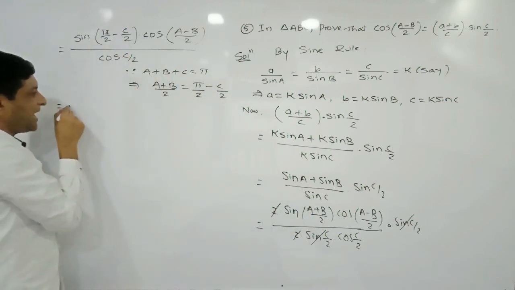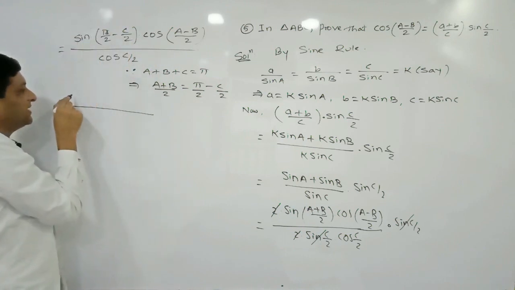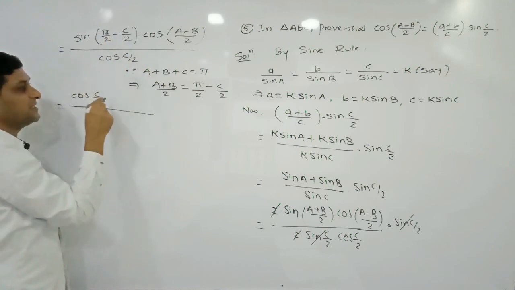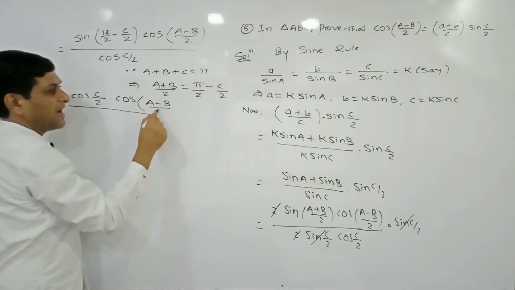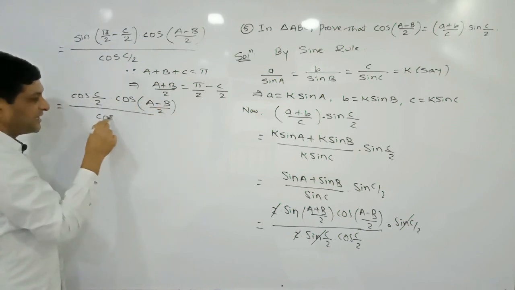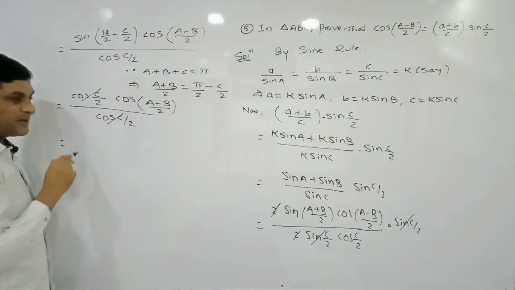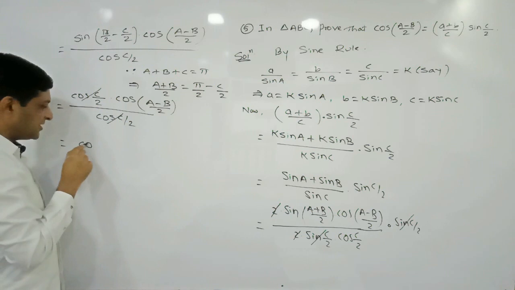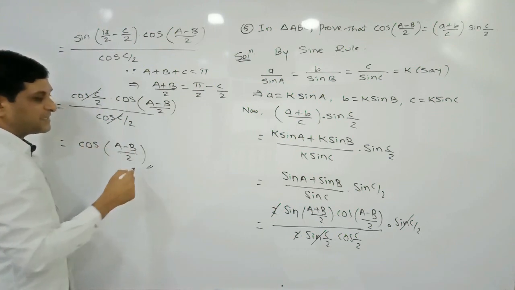Now according to the allied angle formula, sine of (pi by 2 minus theta) is equal to cos theta, where theta is C by 2 here. Keep the remaining term as it is, cos (A minus B) upon 2, and in the denominator cos C by 2 as it is. Now cos C by 2 from numerator and denominator will get cancelled, and the remaining term is cos (A minus B) upon 2, which is the required result.